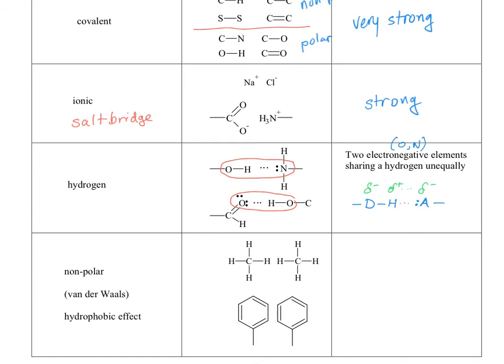These are weak. Weak does not mean unimportant. In fact, they're extremely important, but they are weaker than ionic interactions. Lastly, we have our weakest interactions, and that is going to be the nonpolar interactions. Sometimes I refer to those as van der Waals or hydrophobic effect. I'm going to try to stick with nonpolar interactions.